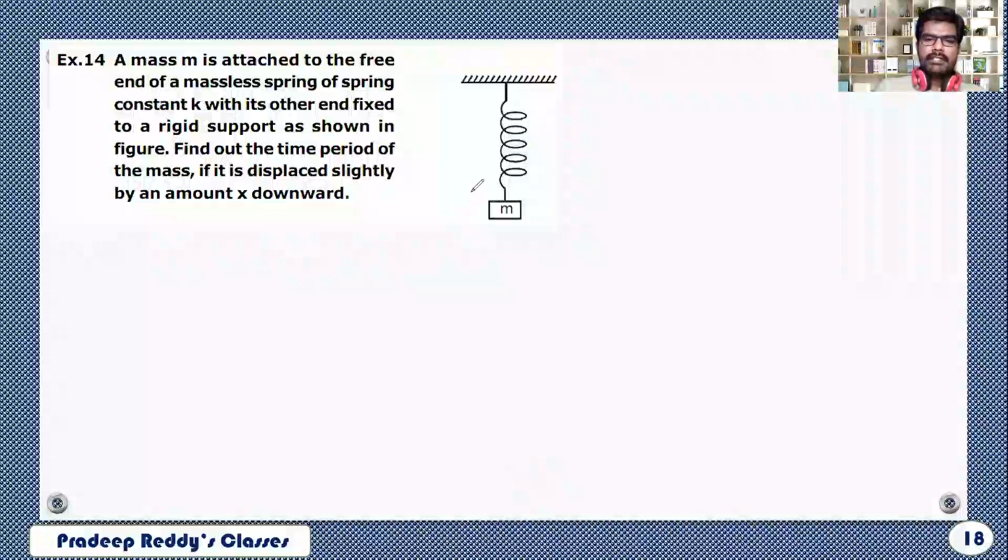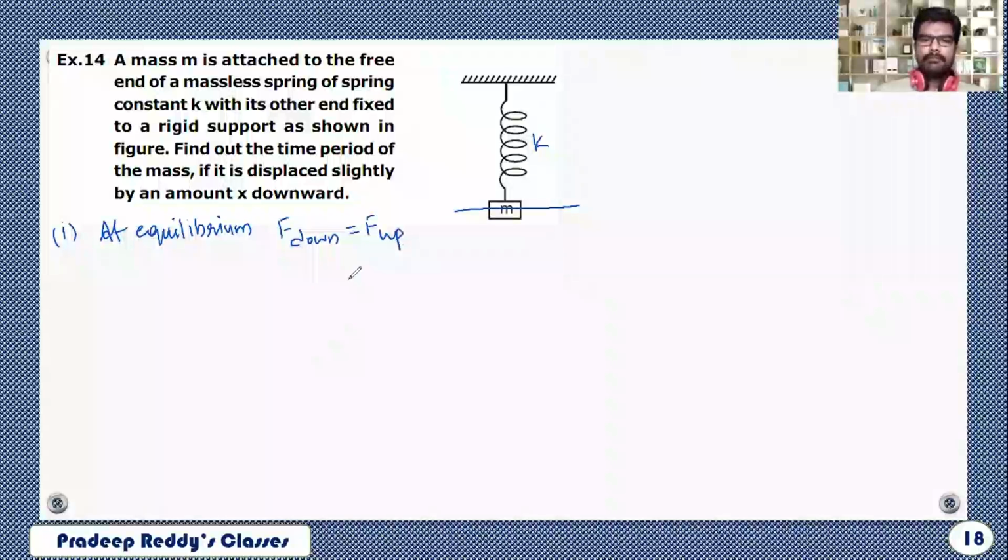Students, a mass is attached here to a spring, and this spring constant is K. As this mass is attached over here, it will be in its equilibrium position. So I can write at equilibrium, the force acting in downward direction should be equal to the force acting in upward direction.